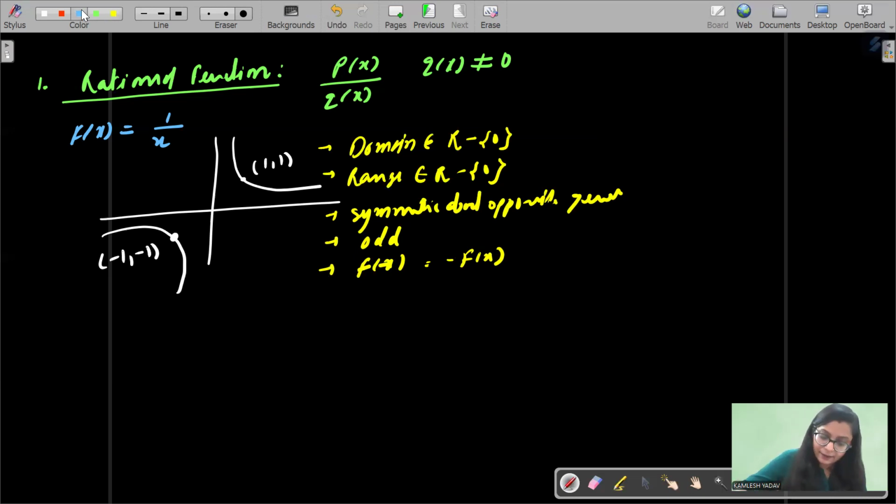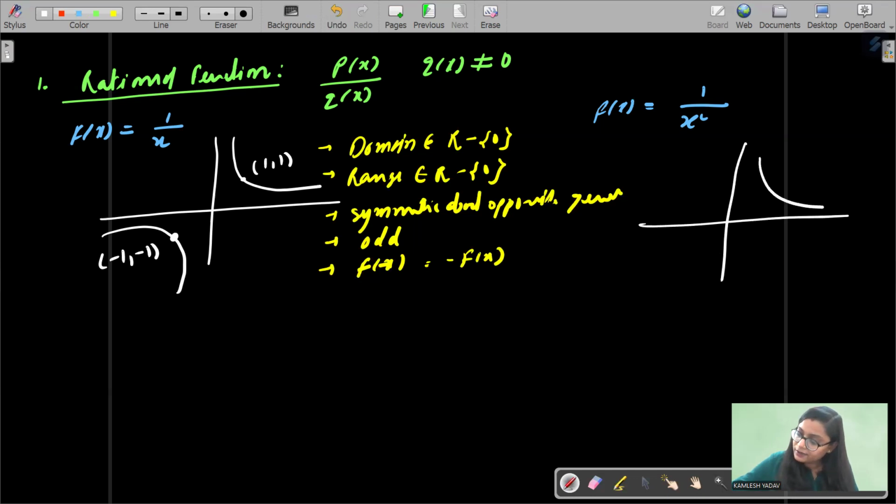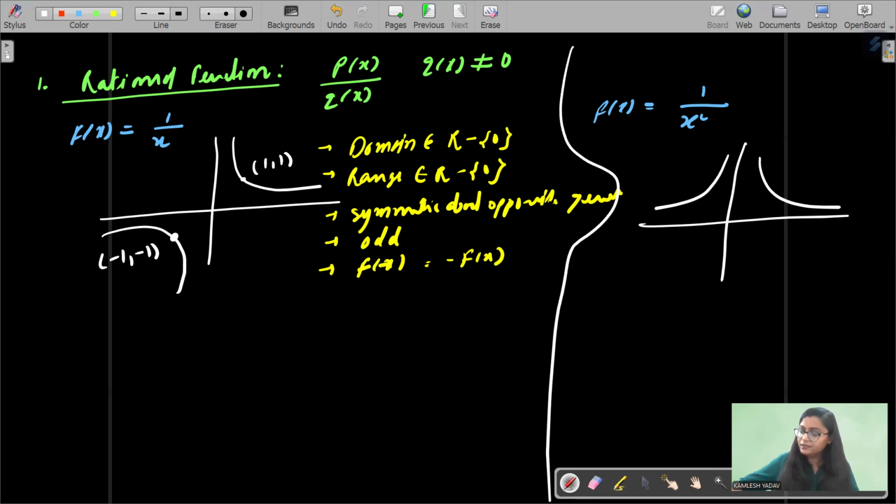Now we can see another example. Suppose we have f of x equal to 1 upon x square. Then the denominator is in square form, and the graph of this function would be like that. About this graph, we can say that the domain is equal to R minus 0, because if you put x equal to 0, then the function is undefined.